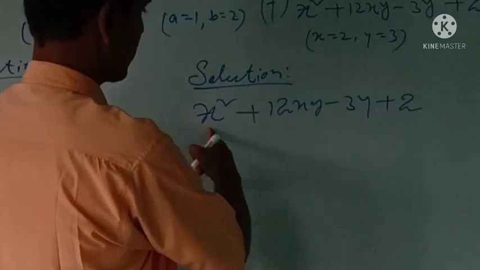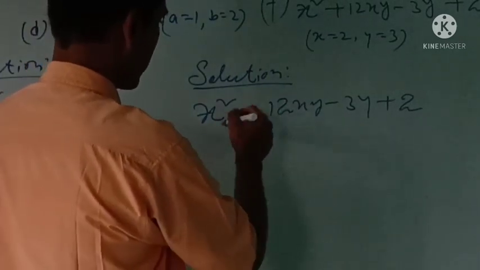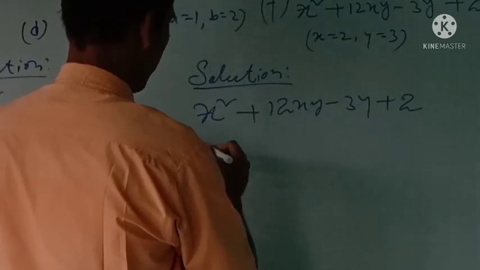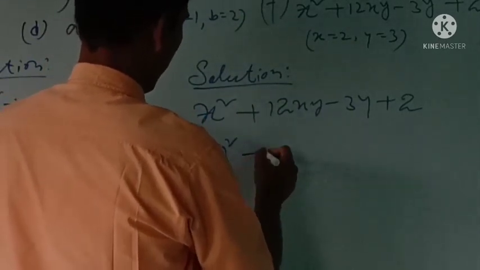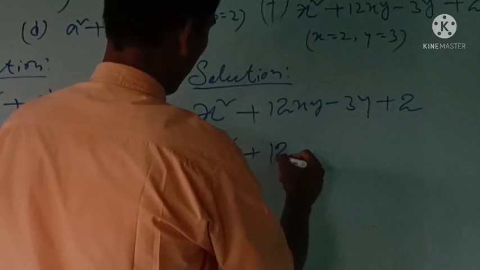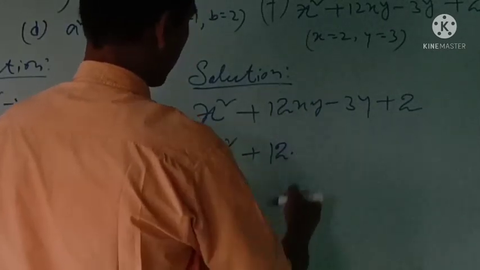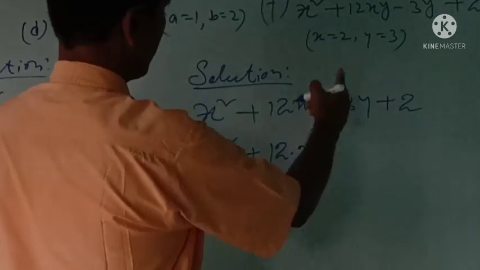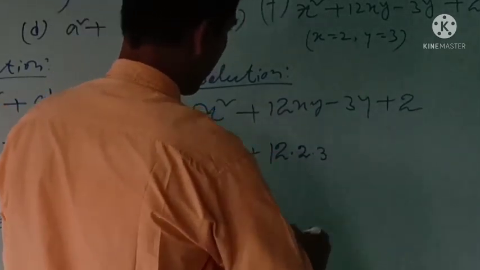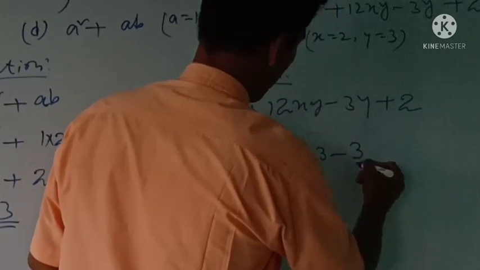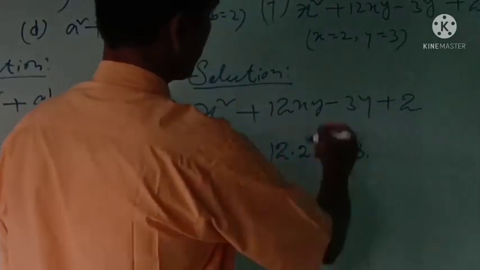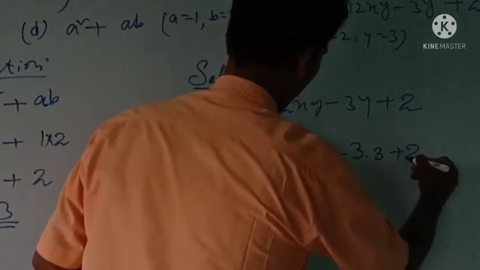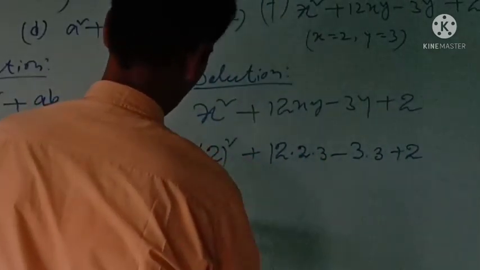So in place of x we substitute the value of x, which is 2, so I'll write 2 square, then plus 12 into x, which is 2, then into y, which is 3, minus 3 into y, we put 3, plus 2. Now see the following step, it's very simple.